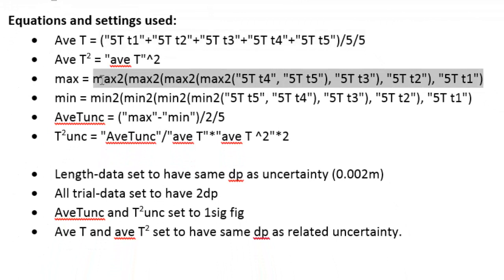It looks quite crazy because Logger Pro can only find the biggest of 2 neighboring columns. So it takes a while, but if you have a look at it, it looks at trial 4 and trial 5 first, finds the biggest, then looks at trial 3, finds the biggest of that, then looks at trial 2, finds the biggest of that, and finally looks at trial 1 and finds the biggest of that.